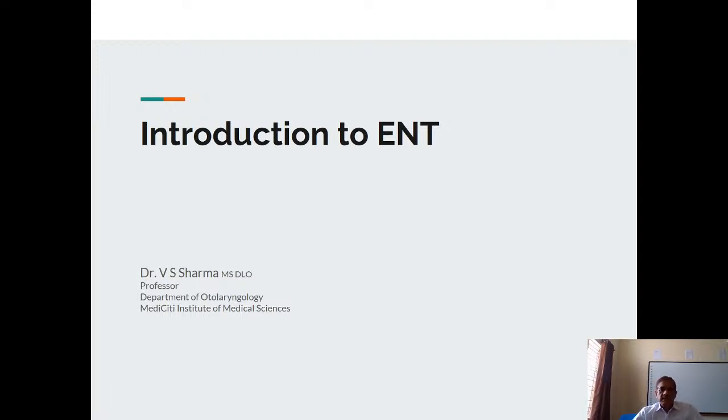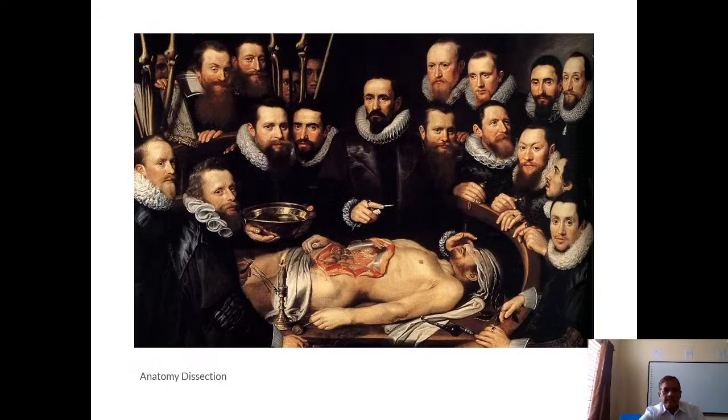Let it be in the department of ENT, you have the ear, you have the nose, you have the throat. And to understand the basic anatomy, the structure of the ear, nose, and throat, a lot of people have done great work to understand what is there in the body, and this was done by what is known as dissection.